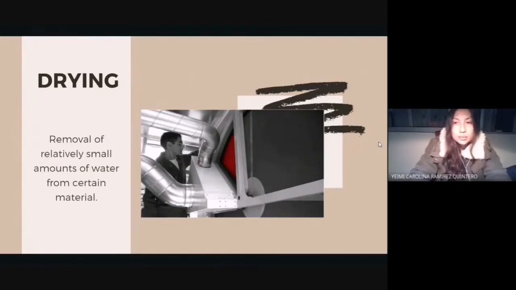The term drying is also used in reference to the removal of other organic liquids, such as benzene or organic solvents, from solid materials. Drying is often confused with evaporation. Drying is the removal of water in small amounts, while evaporation is the removal of water in large amounts from materials.